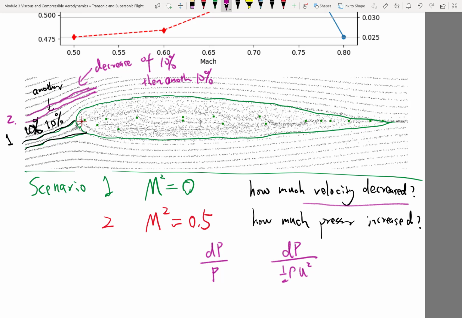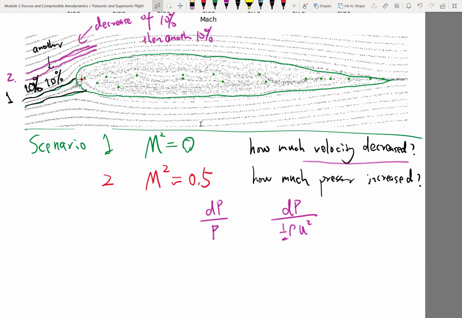I think all of you have worked out the formula that dA over A is equal to minus (1 minus the Mach number squared) times du over u, right? For example, when Mach squared is equal to half, I have a 0.5 here, and du over u would be twice as much as in the incompressible flow case.